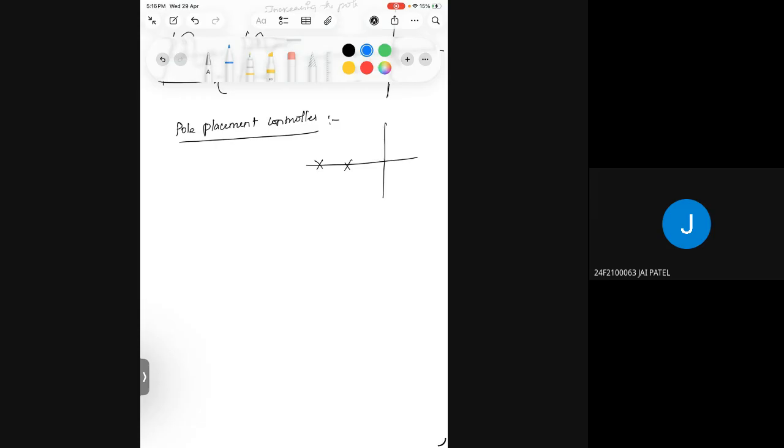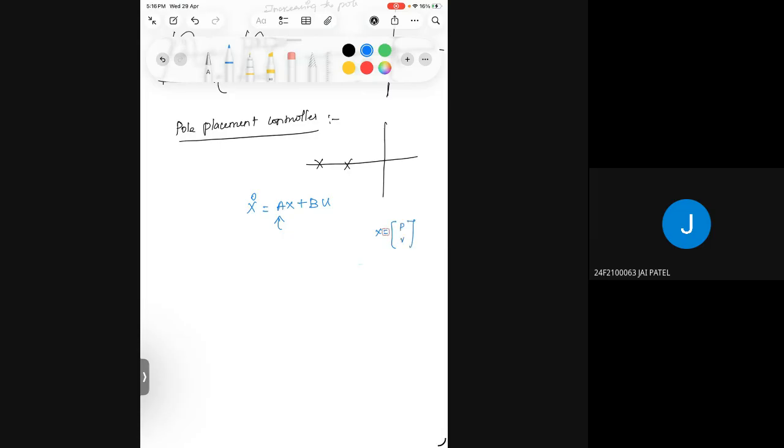Why do we call this a pole placement controller, or pole location? Why are we changing the pole location? If you consider the state space equation of a system, the natural function of the system is governed by this A matrix, because this A matrix holds all the information about your states. For example, I have a state x equal to position and velocity.